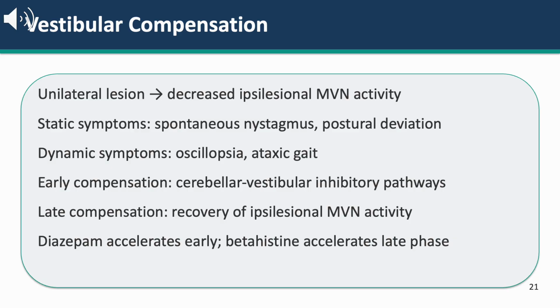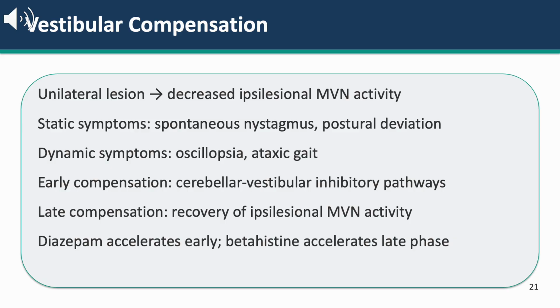In the initial process, plastic changes in the cerebellar vestibular and vestibular commissural inhibitory pathways suppress neurons in the contralesional medial vestibular nucleus, resulting in more symmetrical resting activity, albeit at low levels. Short-term administration of diazepam, a GABA-A receptor agonist, accelerates this initial process.